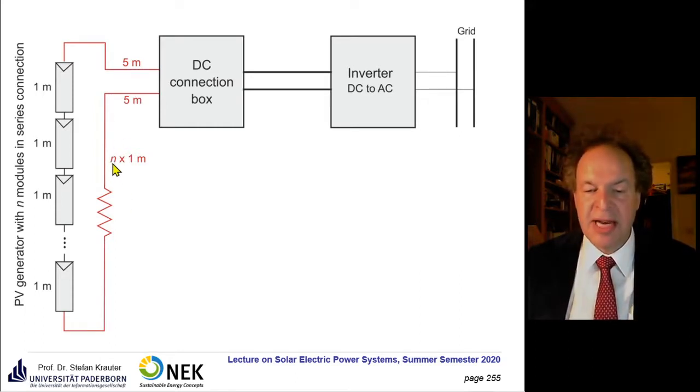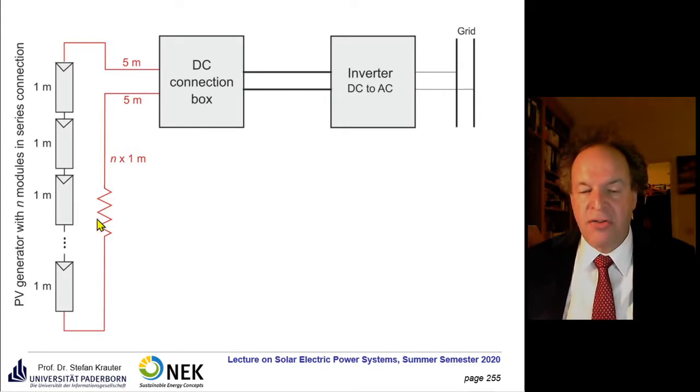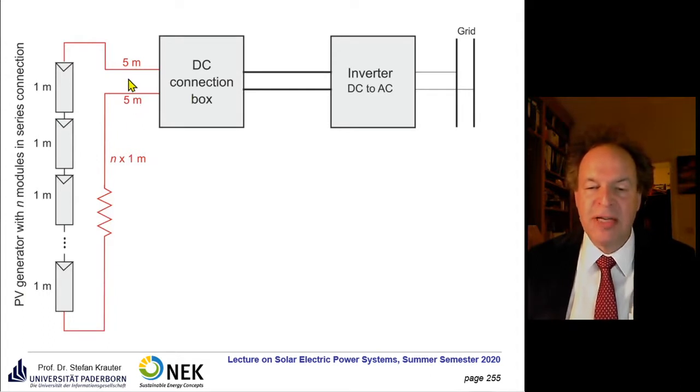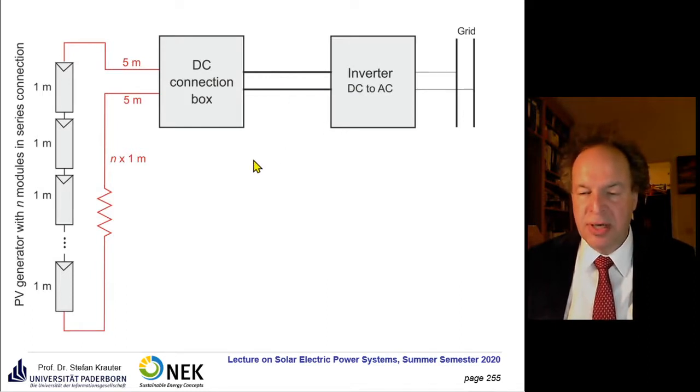For example, if n is 20, we have 20 meters here, and then additionally from the end of the PV power plant to the DC connection box is 5 meters for the minus pole and 5 meters for the plus pole, so altogether 10 meters. Additionally, we should consider the inverter, but this is not part of the question here. This cable wiring would be a separate task. And then from the inverter, we have a grid connection.